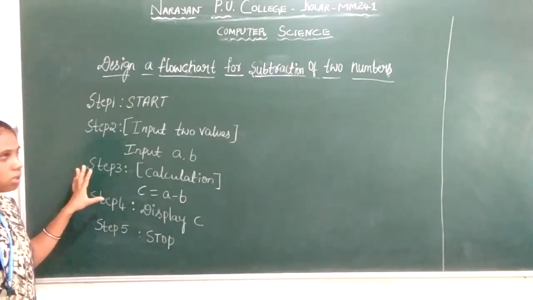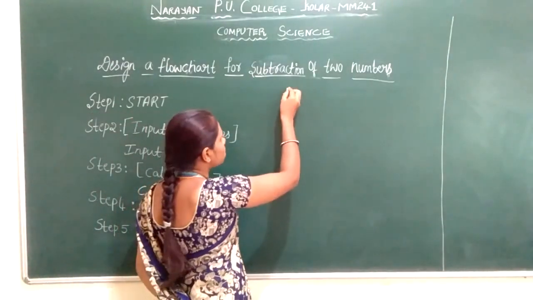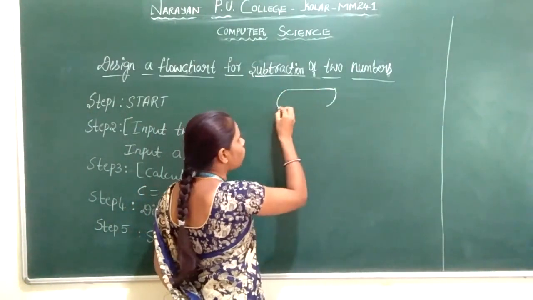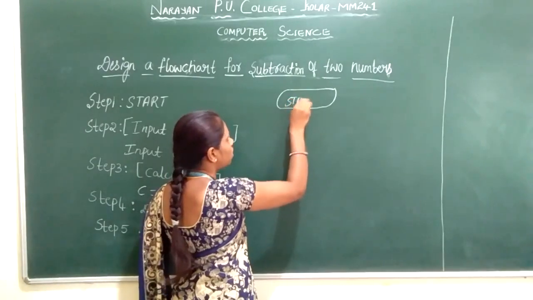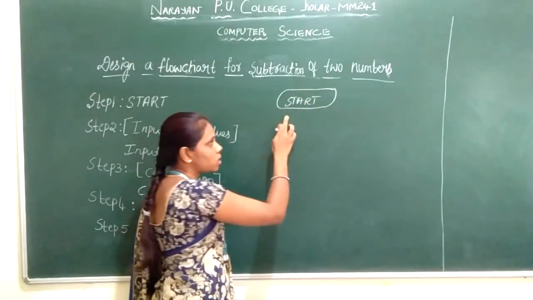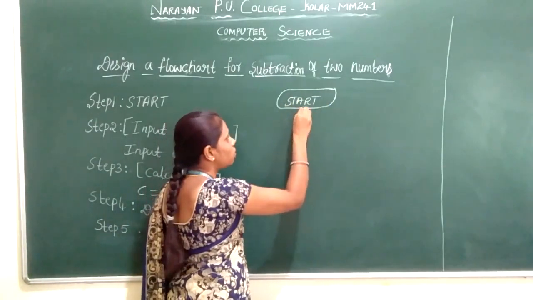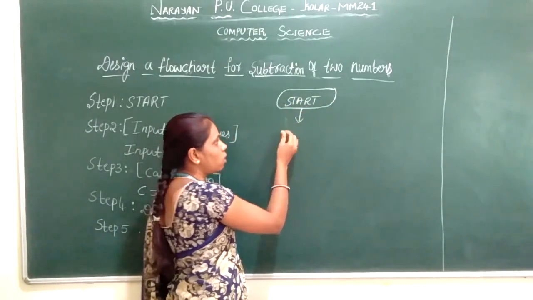Now we will see the flowchart for this. What is the first step? Always start. For representing start and stop, we are using the oval symbol, that is start. That is for beginning and end. Now we are beginning the flowchart. Next we have arrows for showing the flow of control.